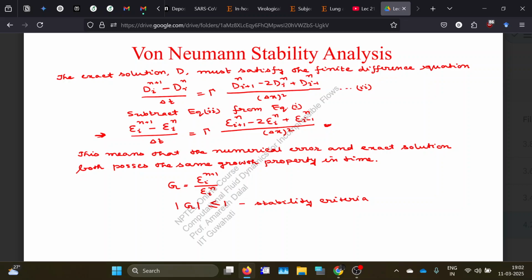Now if I take only sine k1 x common, then I will have this equation: a1 at t plus delta t minus a1 at t, divided by delta t. This is the LHS.